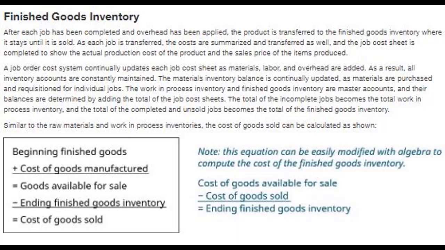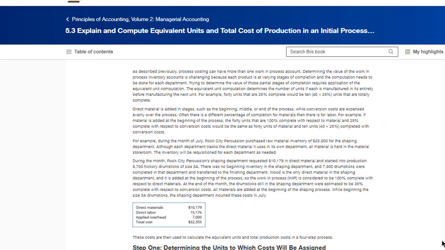For a taste, if you will, of process costing and how it differs from job order costing, let's go to Chapter 5, and more specifically, section or subchapter 5.3.